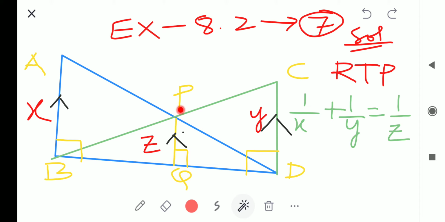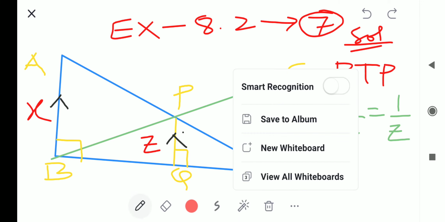When PQ is parallel to CD, angle Q is equal to angle D, angle P is equal to angle C, and angle B is the common angle for both triangles. Hence, BDC is similar to BQP.